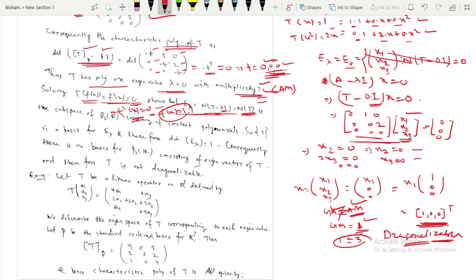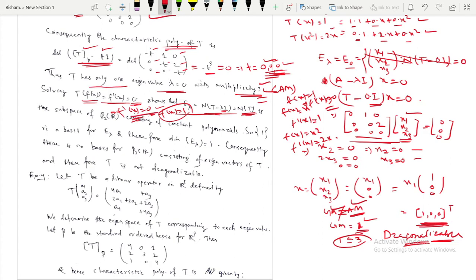If you take f of x equal to x, then f dash x is 1. And if f of x is x square, then f dash x is 2x. And if f of x is equal to 1, then f dash x is 0.